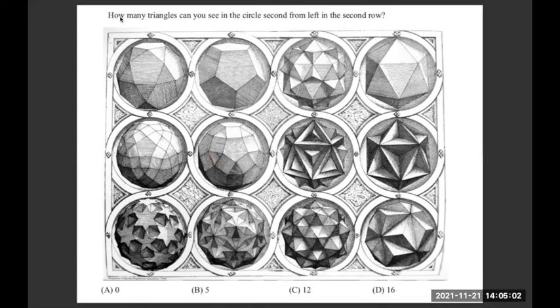Very simple question. How many are there? Anybody say? 5. 1, 2, 3, 4, and 5. Now, if I were to ask, imagine these are 3D solids. Then how many triangles will be present?